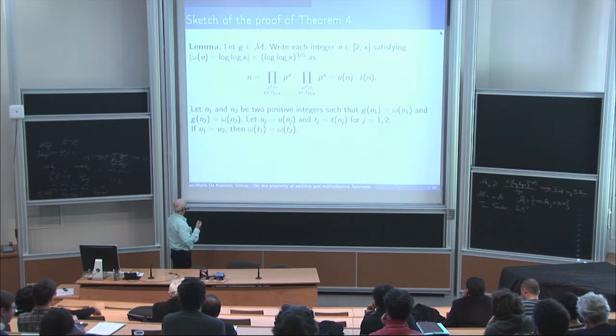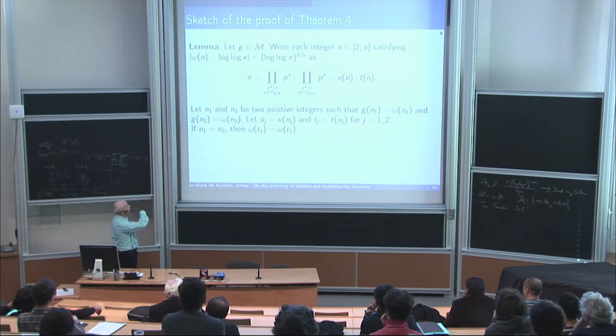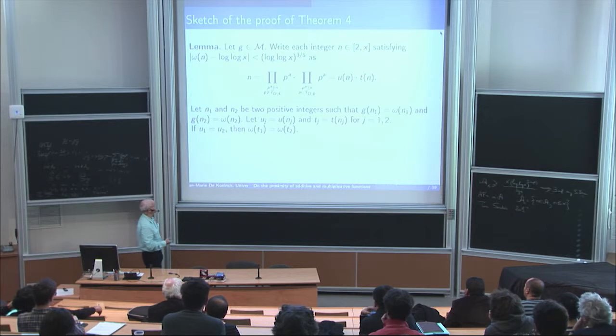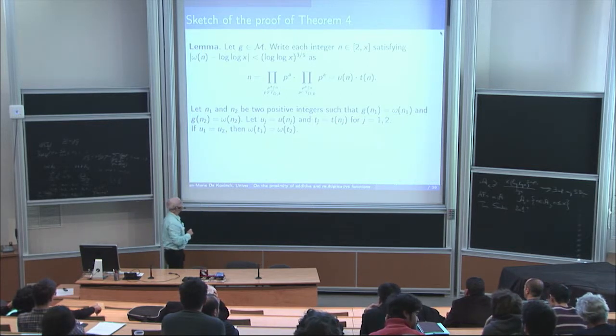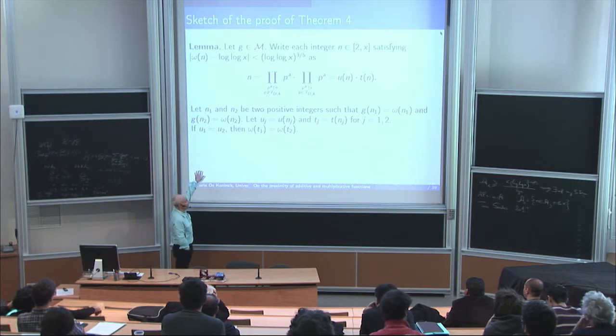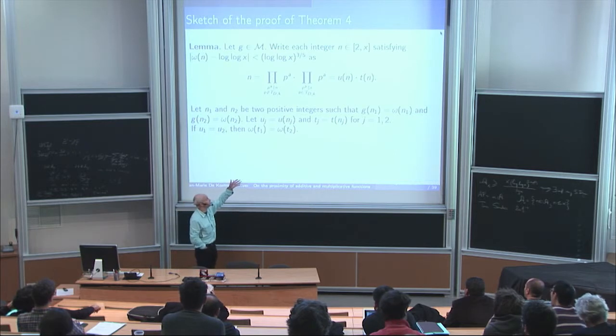Now, the statement is the following. If you have two integers n1 and n2 smaller than x, with omega of n close to log x and so forth, if on these two integers the g and the omega function agree, and if they have the same bad part, u1 equals u2, then there's something very particular about the good part, the nice part.